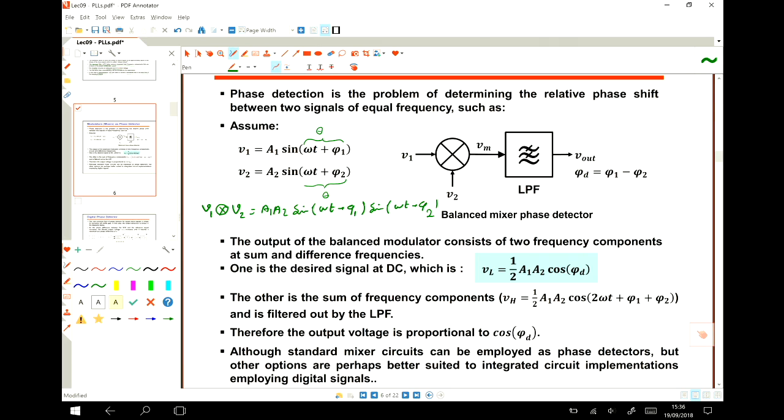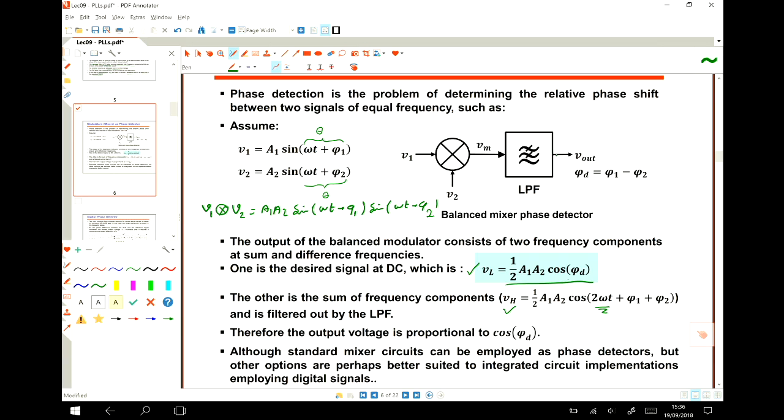True? So there are two components in the output of the mixer. One of them is this VL, which we are interested in, and one of them is this VH, which we try to filter out through this low pass filter. This one is at high frequency, and this one is at DC.